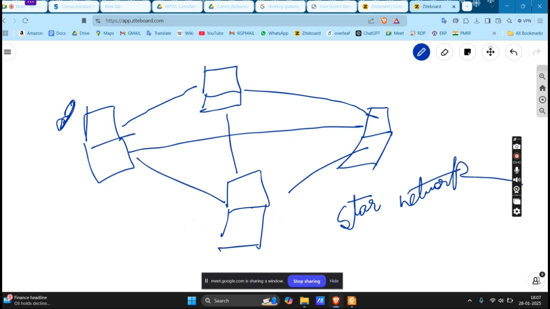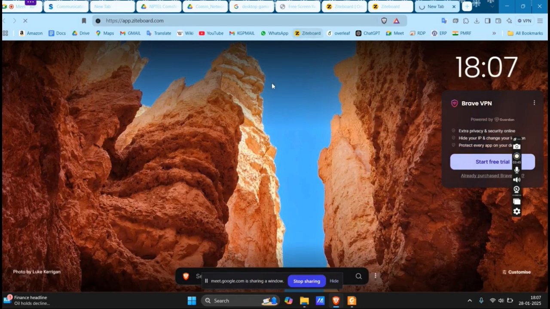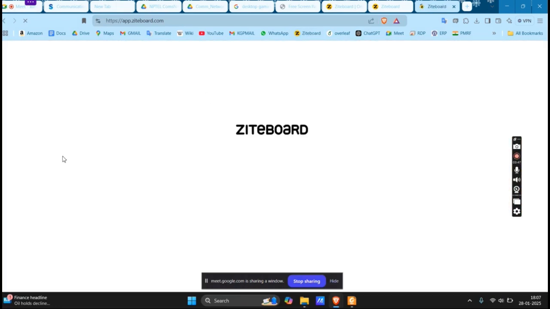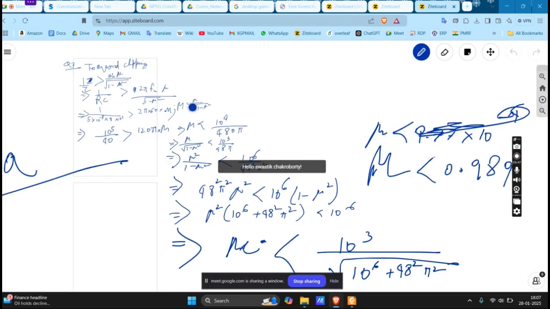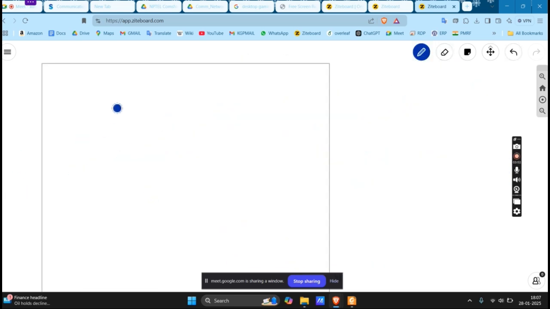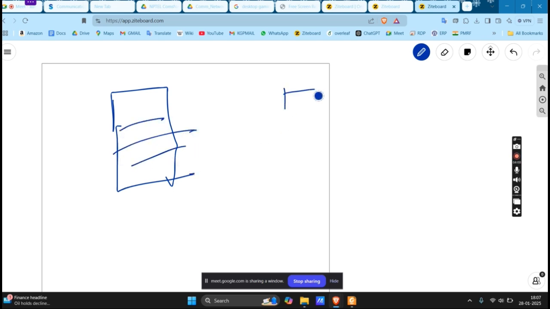Like that, say there is a central server. Usually there is a switchboard or a server like that in an office.